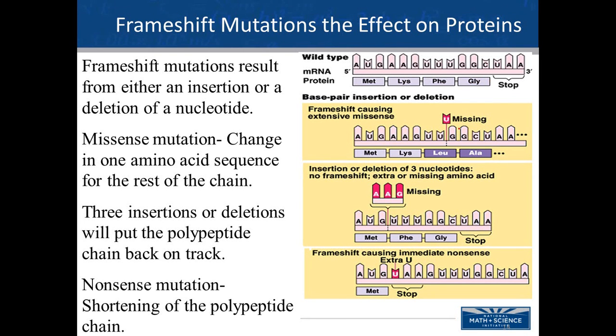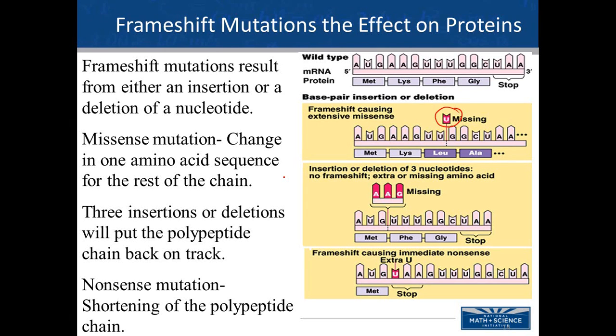And what we're going to do right here is remove that U. Now, what happens when we remove that U is that the rest of the protein is going to be off, if you will. The rest of the protein is going to be completely changed.